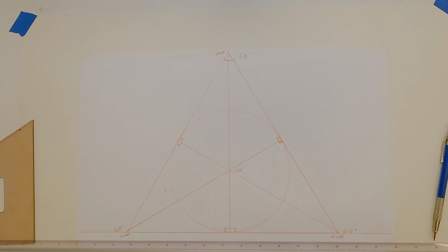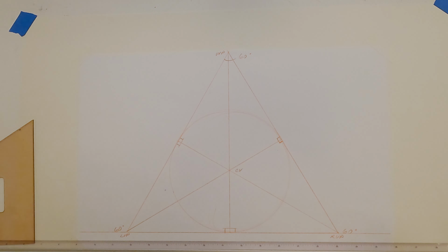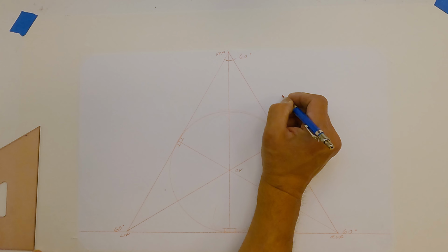Now, the only issue that I have with 3-point perspective in our using 18 by 24 paper is this cannot get big enough. We want to get as large as possible, but we're kind of limited on space, so we do what we can to create extensions when possible. So this is, again, an equidistant triangle.